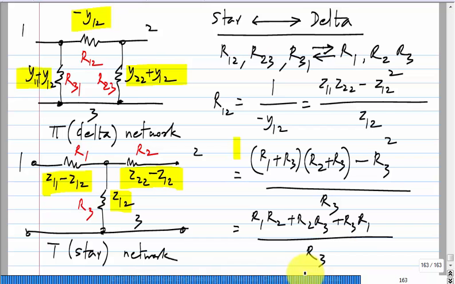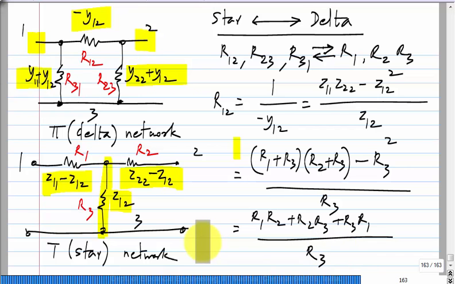This is okay. That's why I said if you start from Y12, it may be easiest. Essentially, the resistance between these two terminals, 1 and 2, is the sum of pairwise products divided by the resistance connected to the other terminal. Between 1 and 2, you have in the denominator R3, whatever is connected to R3.